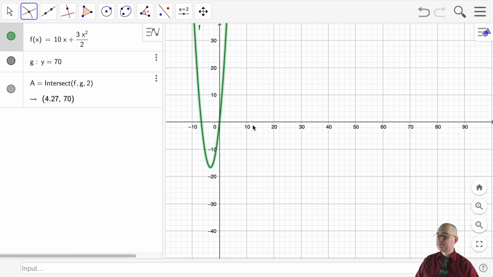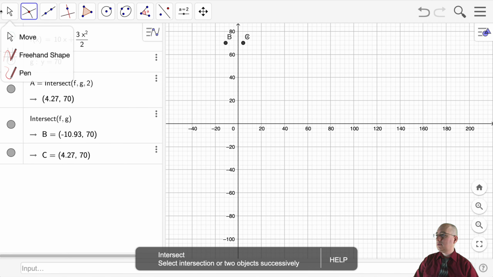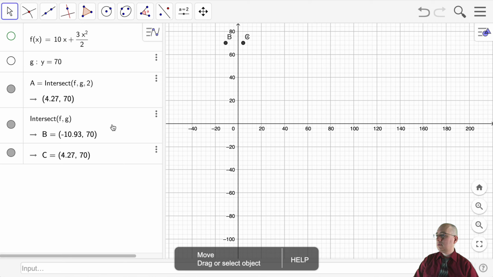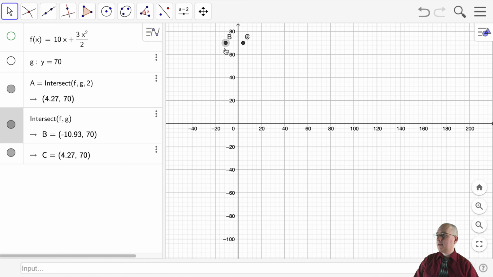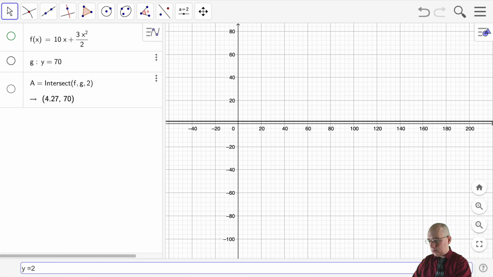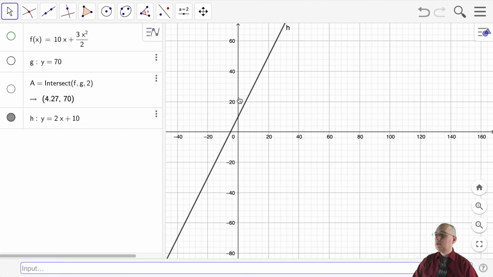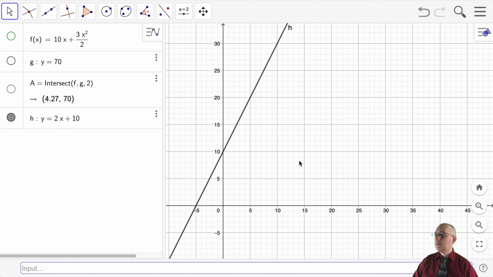Good. Oh, actually, while I'm over here in GeoGebra, there was another way we could do this problem with GeoGebra. Let me just, happens every time. Okay, let me just clear that. What I can actually do in GeoGebra is graph my line. Let's go here.